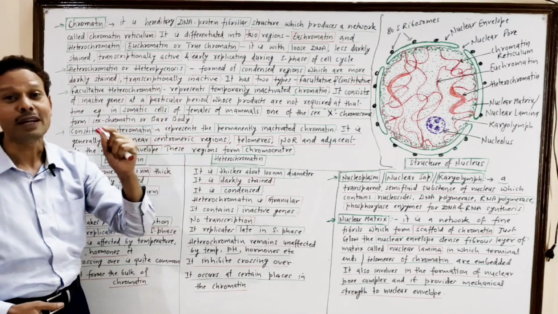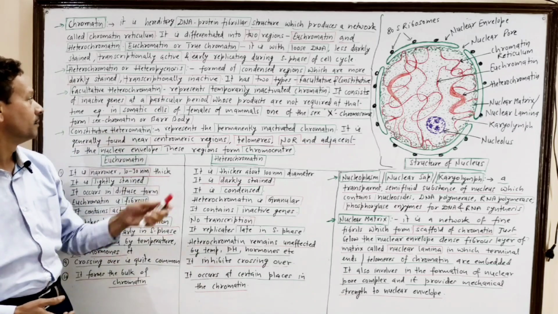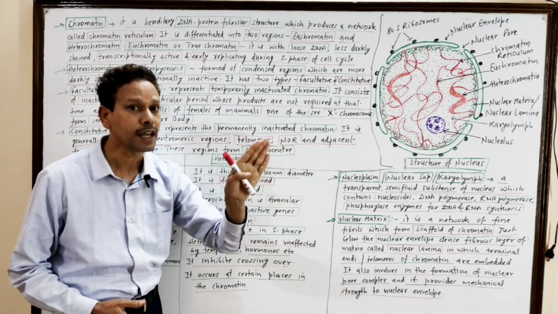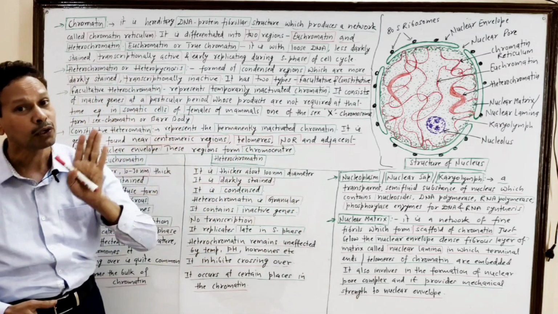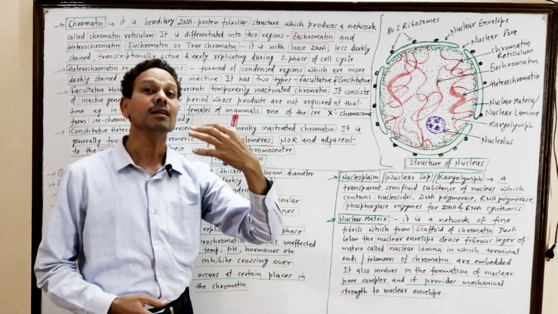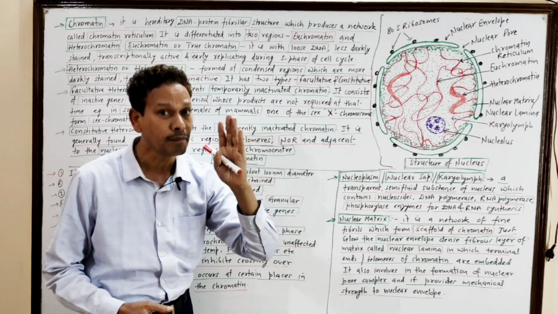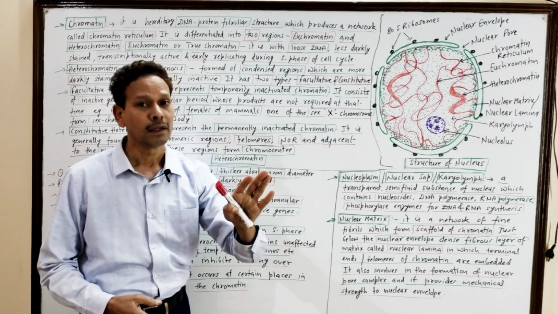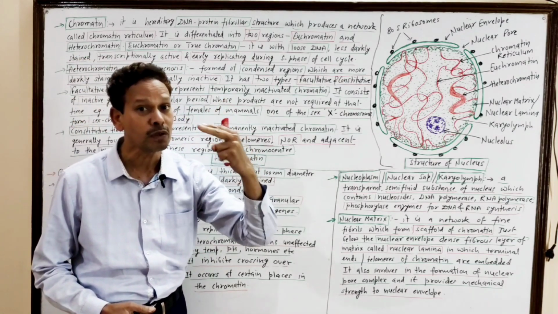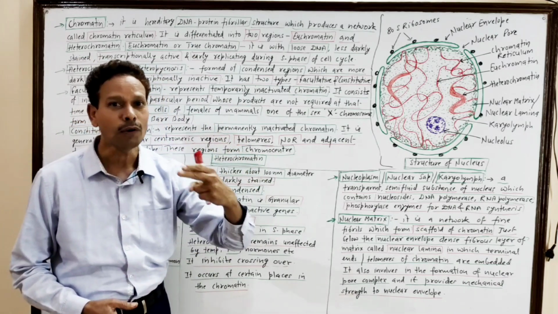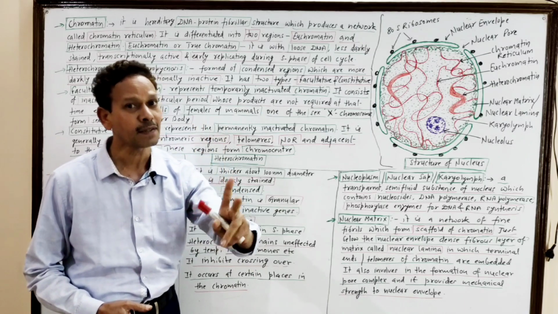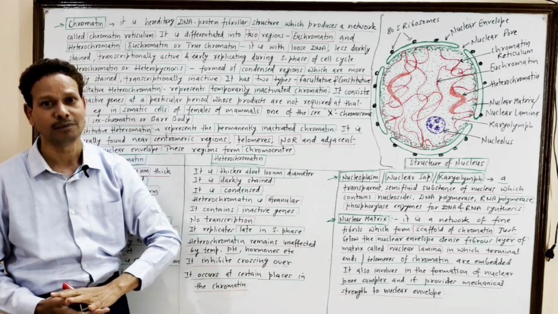Note down, a very important question for NEET students. Facultative heterochromatin means temporarily inactive chromatin, as in the somatic body cells of mammals like human females, in which two sex X chromosomes are there, but out of these two, one X chromosome becomes inactive.